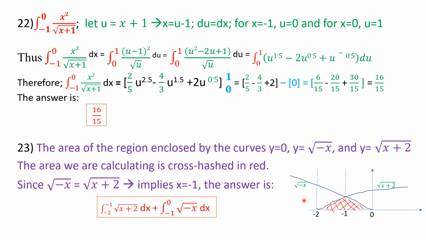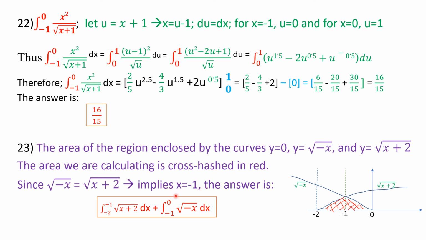So the answer of what we're looking for, which is the area. We can see that the left part starts from negative 2 and ends at negative 1, as we already decided that these two will have the same value at x equal to negative 1.